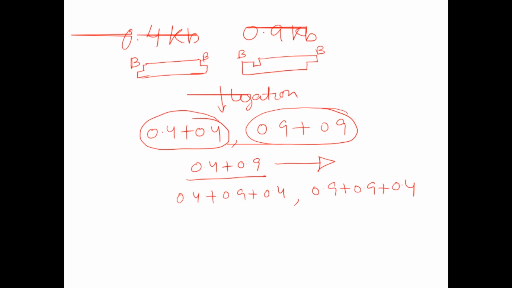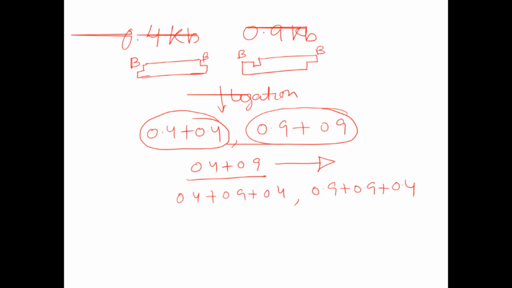For any such applications, when you are using a single restriction enzyme, you also have to make sure that one of the fragments does not have the 5' phosphate, and that is why you might have to treat one of the fragments with SIP, for example, calf intestinal alkaline phosphatase.